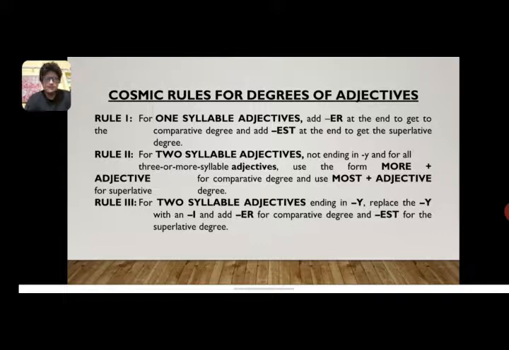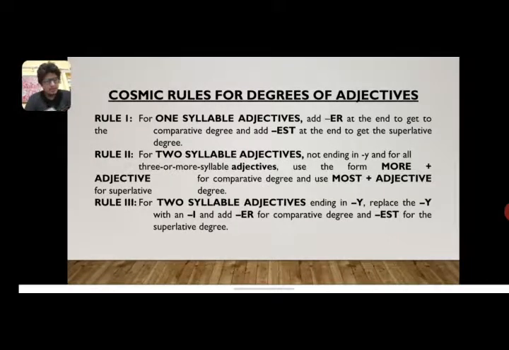Now, let's talk about rule number 3. Two syllable adjectives that end in y. Happy, so happier, happiest. What do you do?